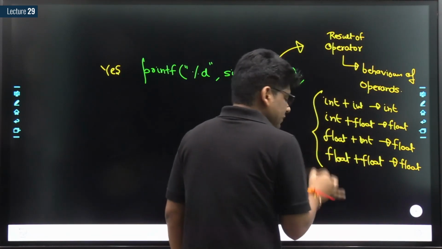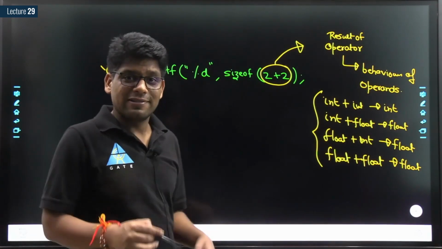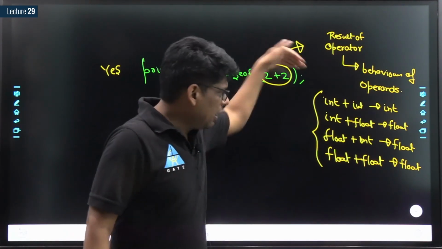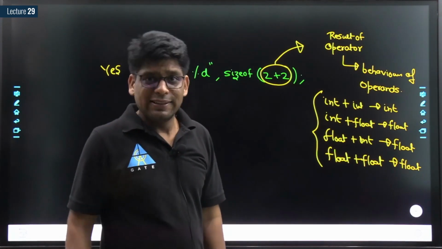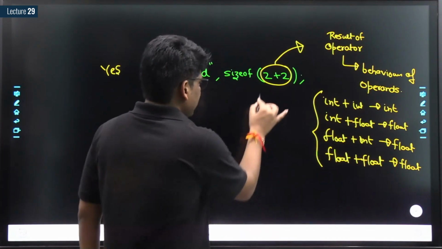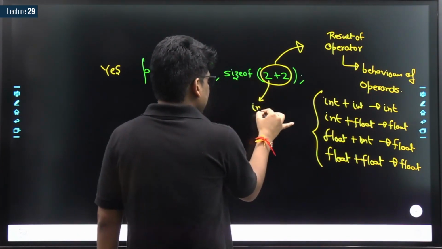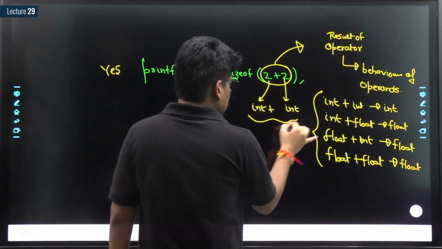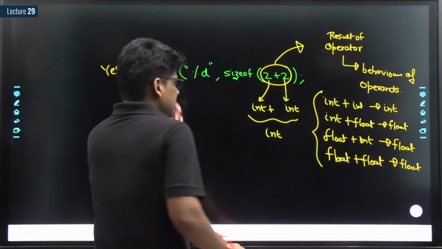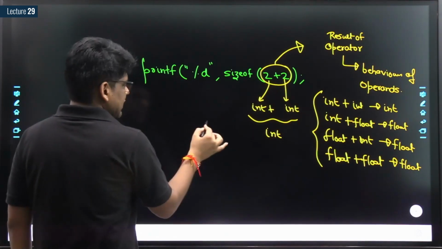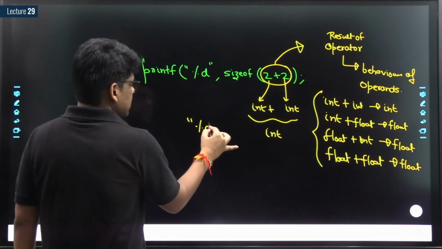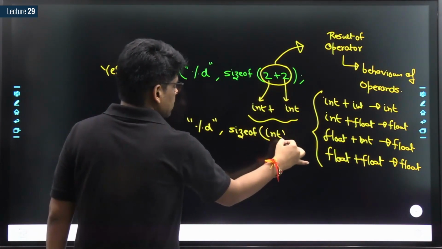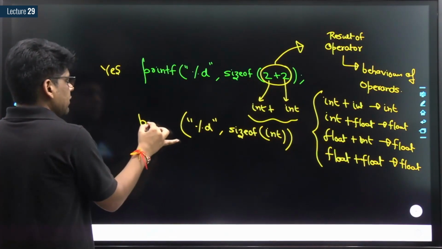How do we know this? Sir, you told us. But for sure, the compiler knows this also. Yes, sir. That means think like the compiler. What is this? Int. What is this? Int. What will be the result of int and int? Int. So this statement is the same as %d sizeof integer.